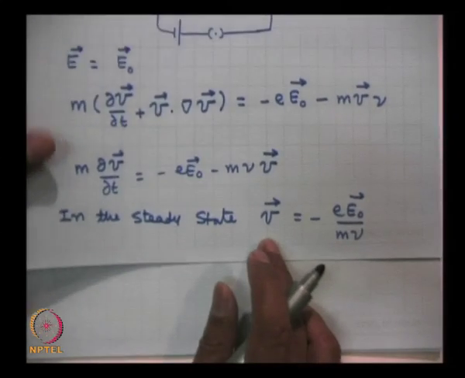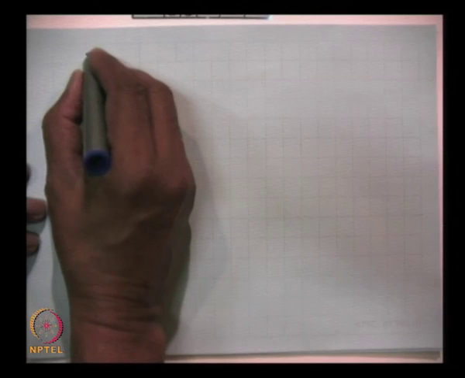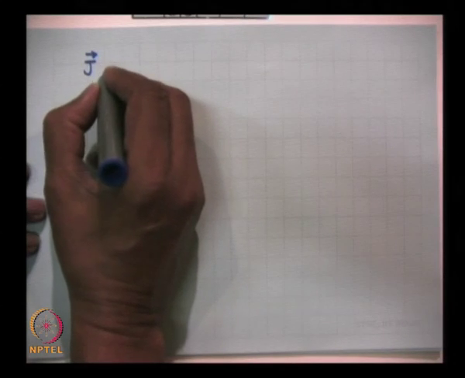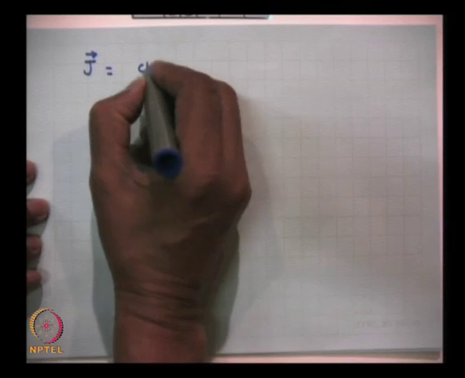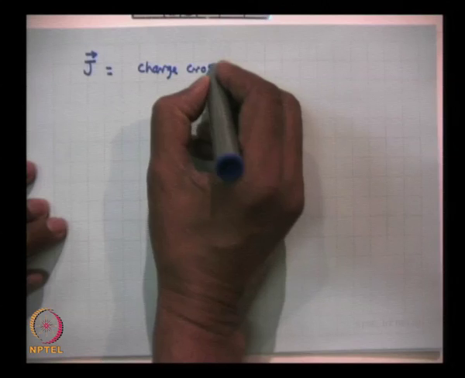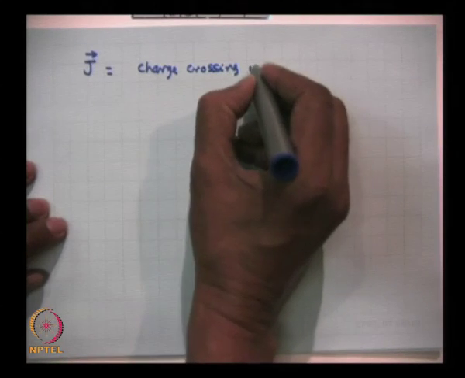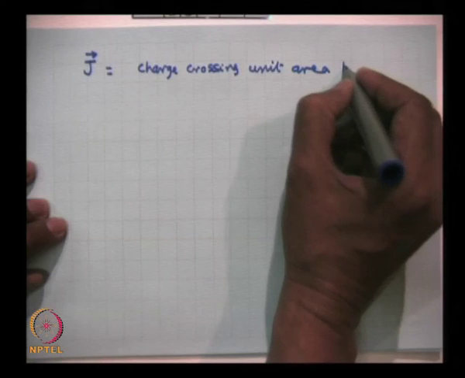So, if I know the drift velocity, I can quickly write down the current density, because current density by definition is the amount of charge crossing unit area per second.